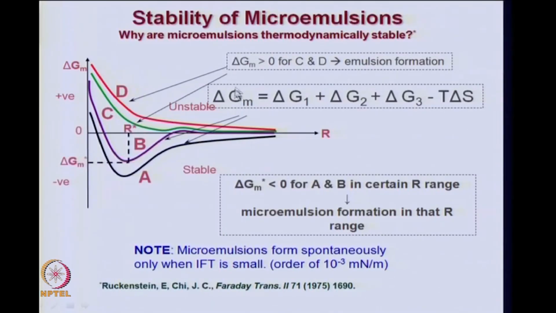Now, if you represent these things graphically, the delta G for the formation of the microemulsion is greater than 0 for emulsions. So, emulsions are unstable, and hence you see that the delta G m is always positive, and it becomes increasingly positive as you come to small distances.